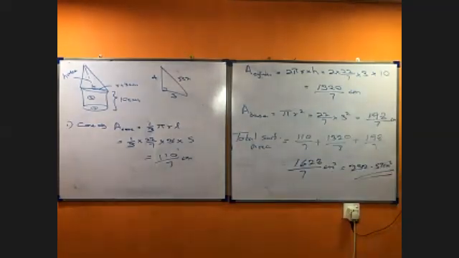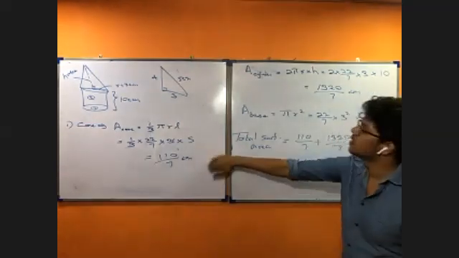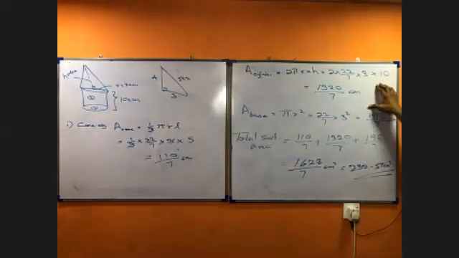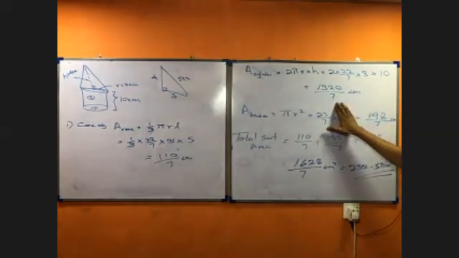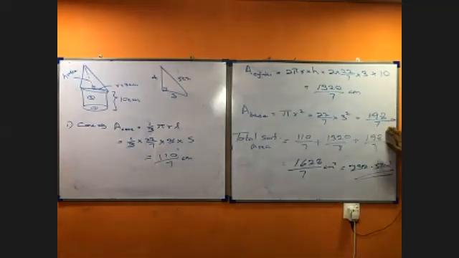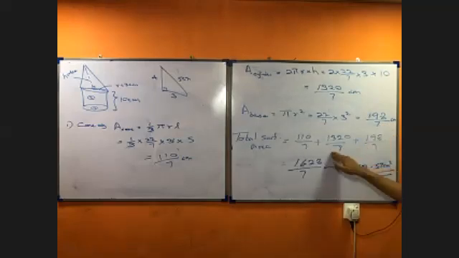That is the area of the cone. The area of the cylinder is 1320/7. The area of the base is 198/7. So you add the three of them to get the answer.